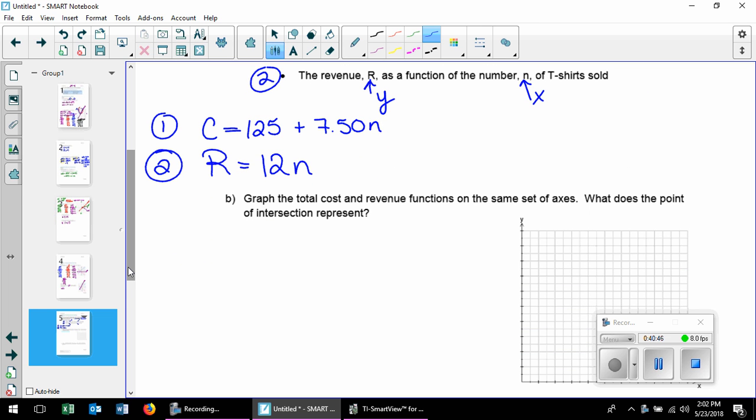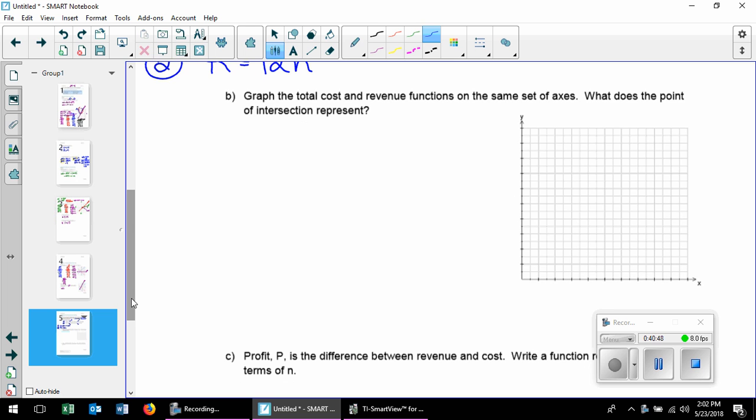So let's graph these. How come I didn't give you a full coordinate plane? Okay, so which goes on the x-axis and which one goes on the y? So x is what? My number of t-shirts.